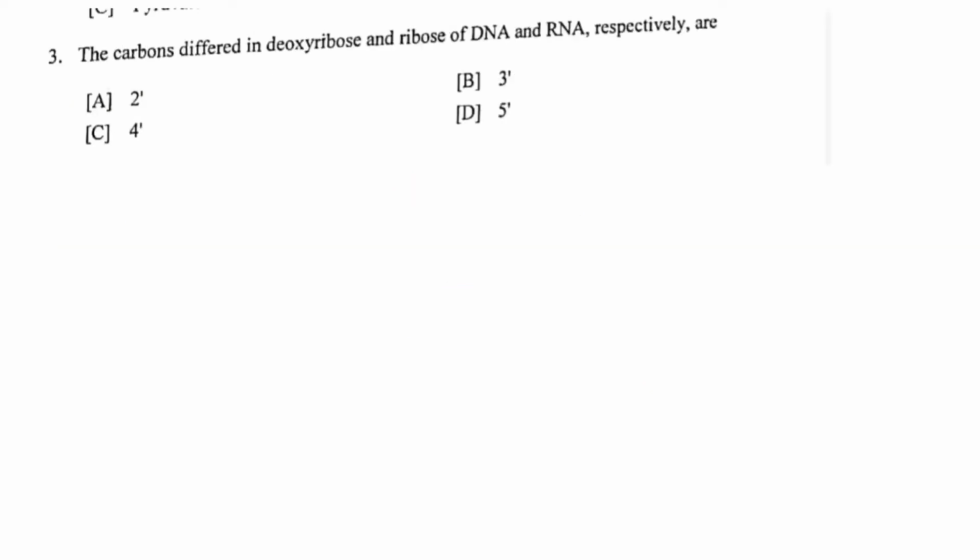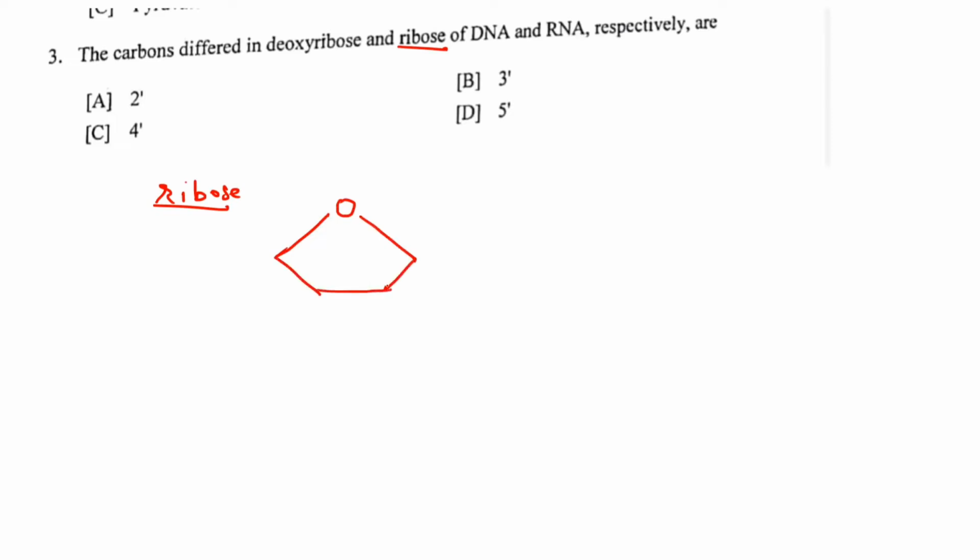Next question: which carbon differs in deoxyribose and ribose? Very simple question. If you know the structure of the sugar unit of DNA and RNA, we can find it out. First, you have to understand ribose. Please know the structure. This is ribose.